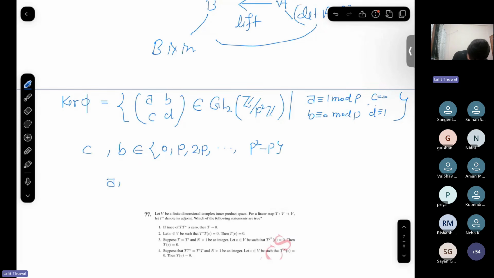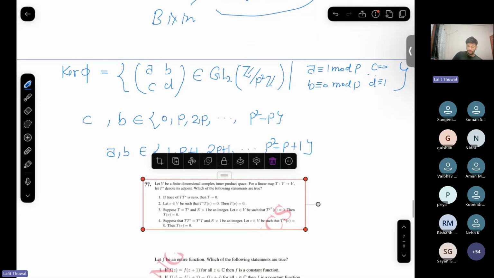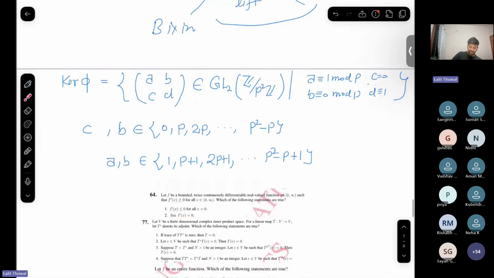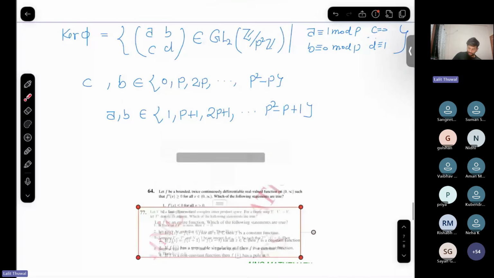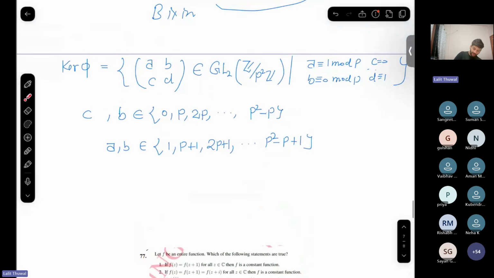B and C will be there, and A and D can be anything from 1 plus multiples of P: just add 1 to every element above, P plus 1, 2P plus 1, dot dot dot. A can be anything from this set, any element congruent to 1 mod P. So can you tell me the cardinality of kernel phi now?